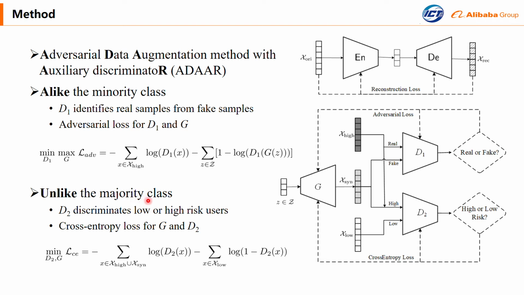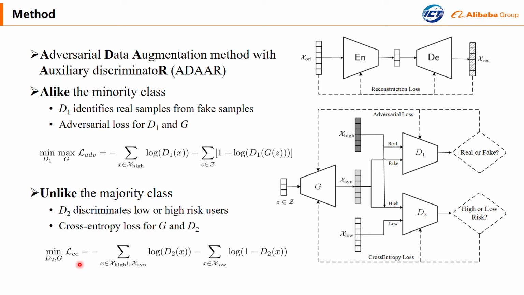Meanwhile, to ensure the samples are unlike the majority class, D2 discriminates high-risk users from low-risk users, and both G and D2 are trained to minimize the cross-entropy loss.